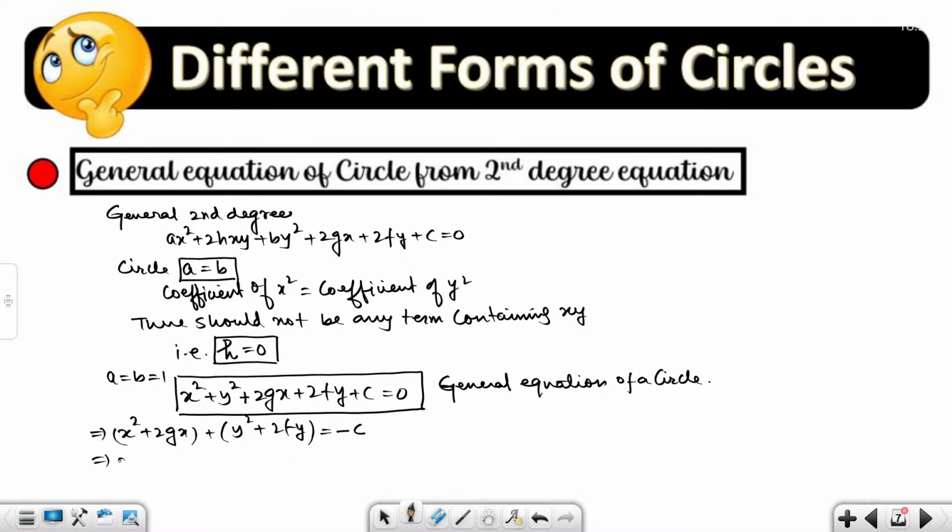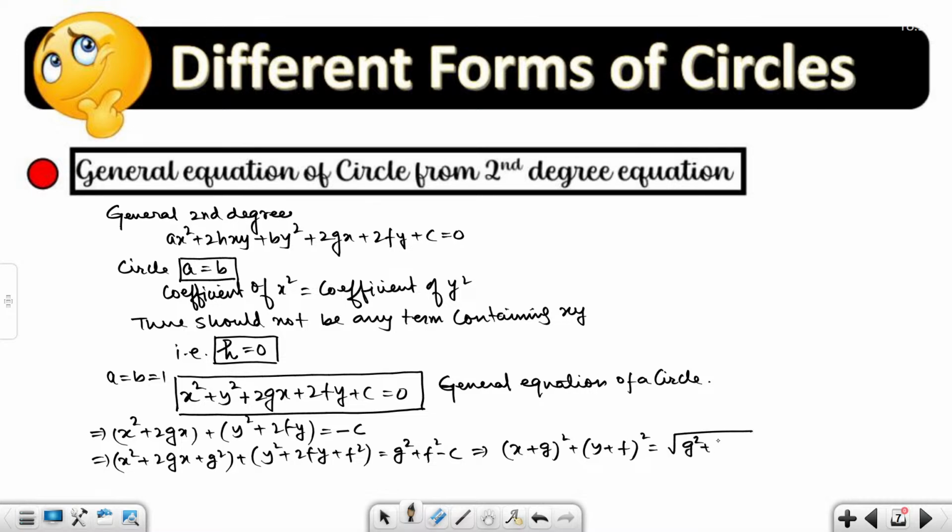Let me just add g square and f square on the left hand side, and similarly g square plus f square on the right hand side. So we have x plus g whole square plus y plus f whole square equals to g square plus f square minus c.